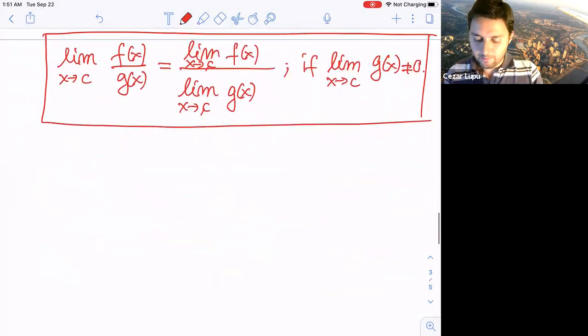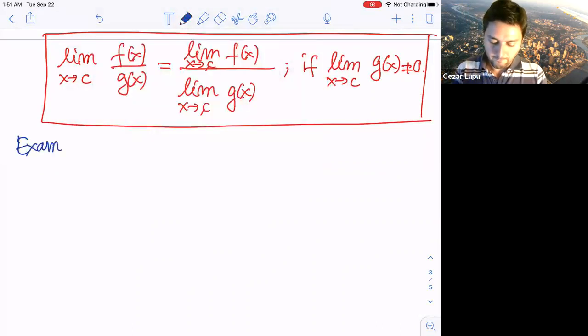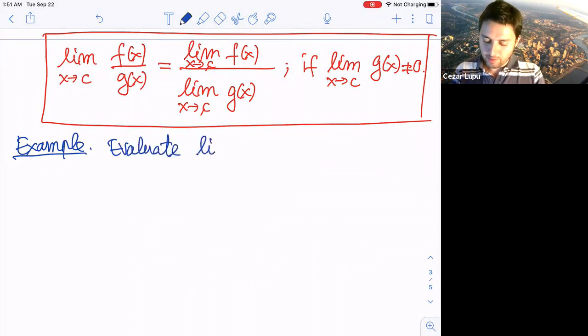Let's see an example. Let's evaluate the limit as x approaches -2 of (x squared plus x minus 2) over x.